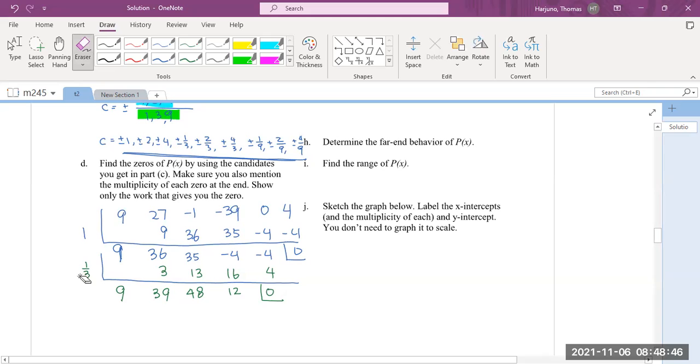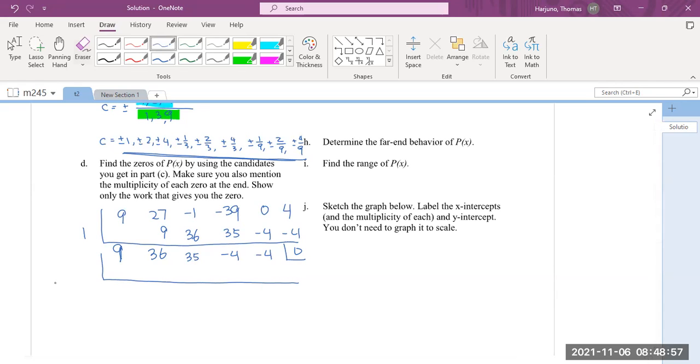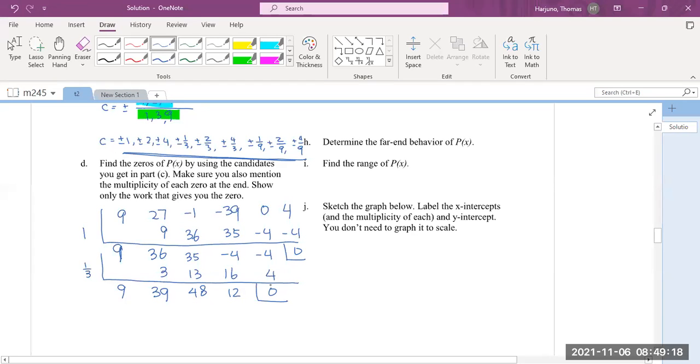Let me use blue color now. I was just guessing 1/3. So what happens if you guess and it's not right? Then try another number. I tried 1/3, and it turns out to be a 0.